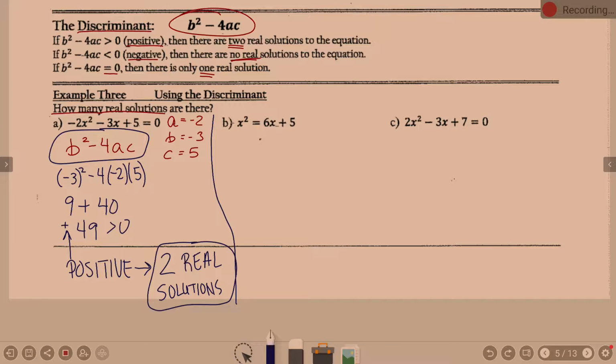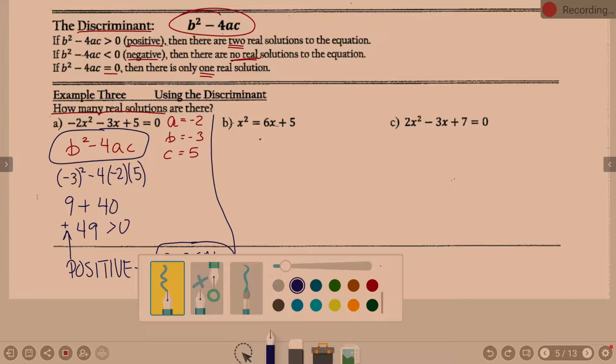Okay. B. I want to know, if we were to work this quadratic formula out, how many solutions am I going to get? So the first big issue is it's not equal to 0. So don't give me ABCs until it's equal to 0. So how do you guys want to get this equal to 0?